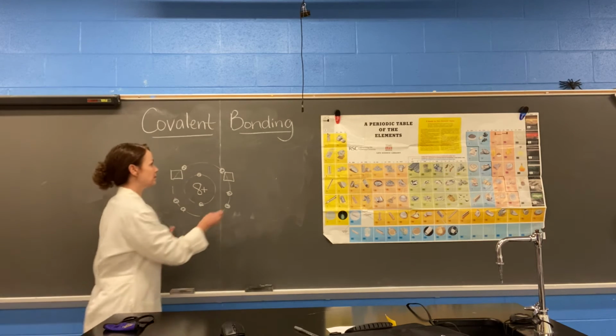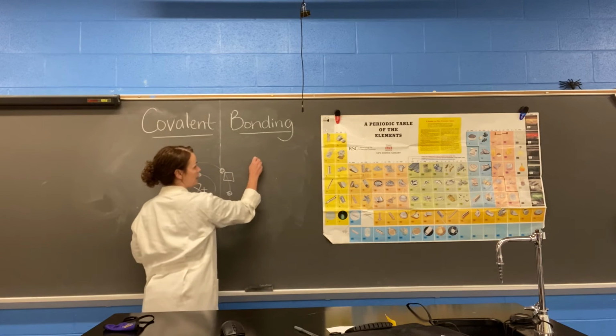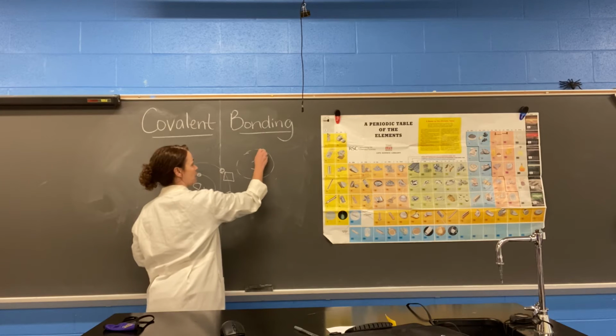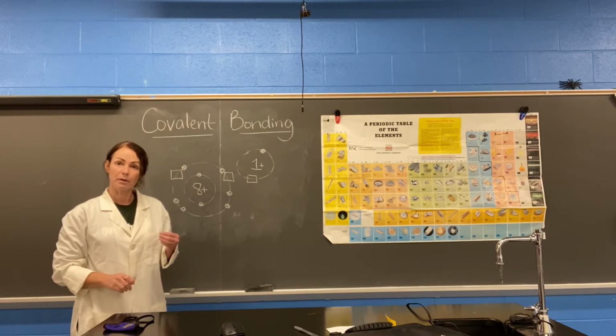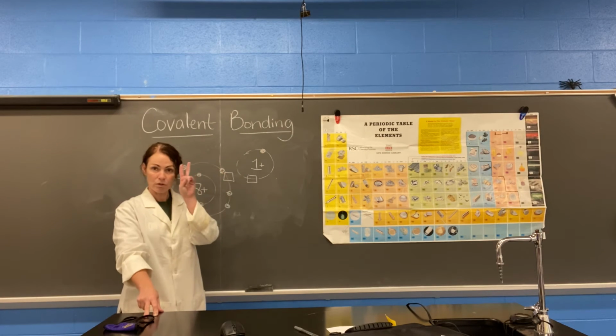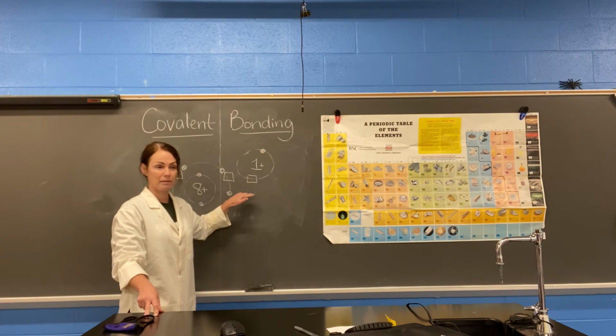Luckily for us, we have something called hydrogen. Hydrogen is up here. It's number 1. It has 1 proton and 1 electron, but it has a blank space as well, because if you remember, the first energy level can hold 2 electrons. So it has 1 and it has 1 blank space.